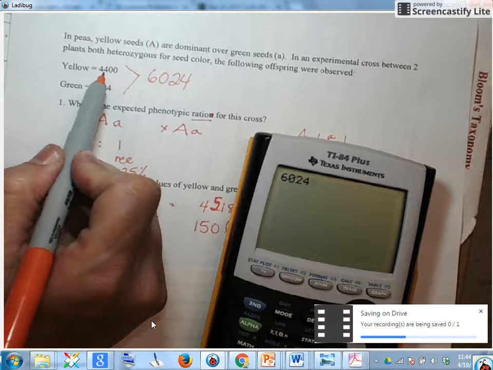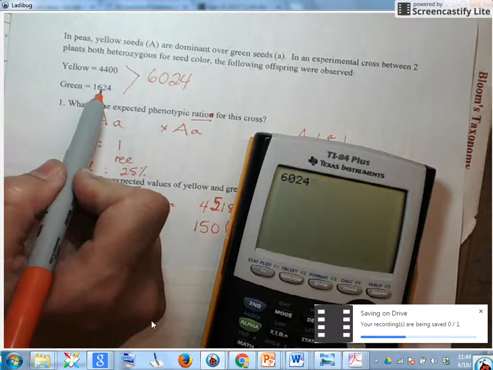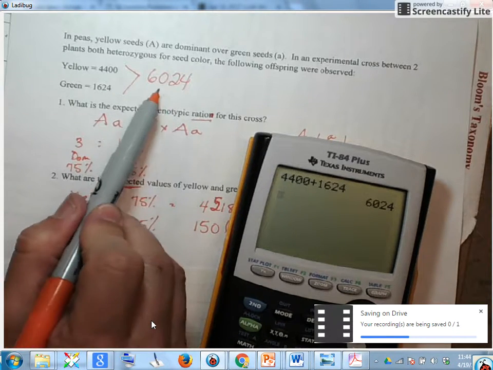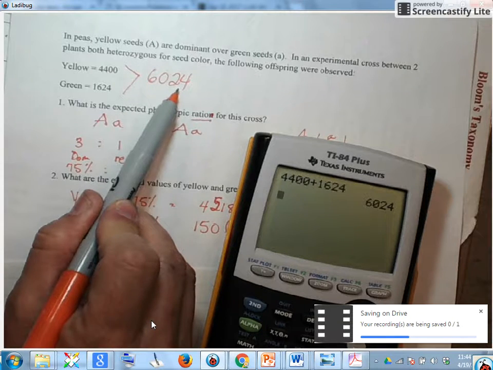I got that by adding 4,400 plus 1,624. That gives us 6,024 offspring.